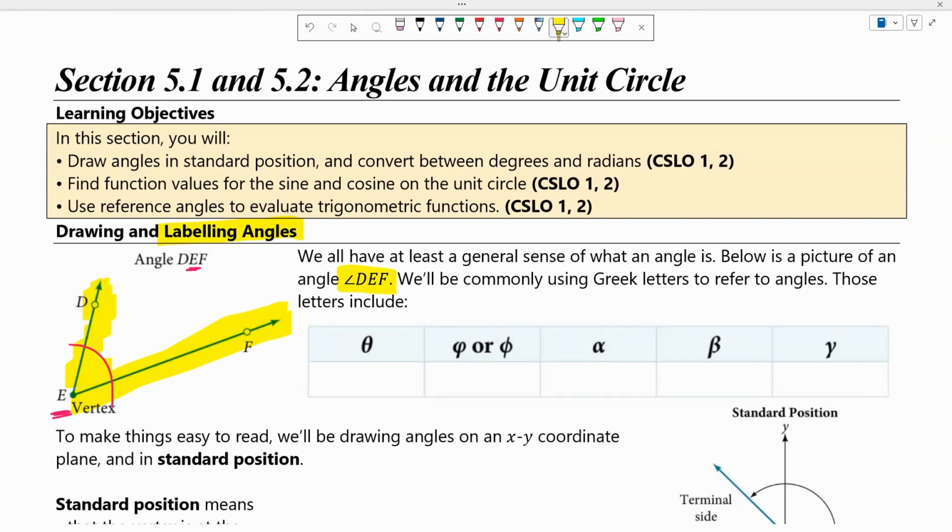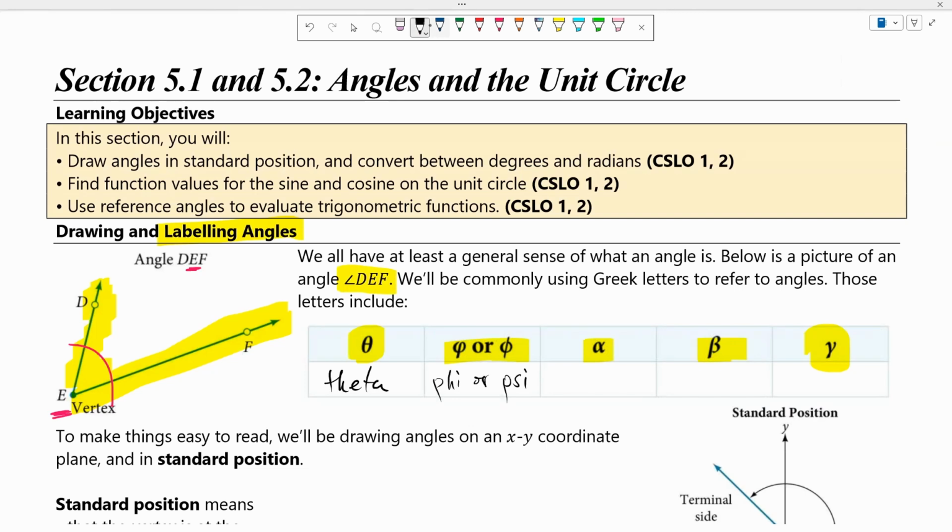Once we start moving into trigonometry, you're going to see one of these five Greek letters to define an angle. The first one that you'll see is this one. This is actually theta. The next one is phi or psi. And then these should look pretty familiar.